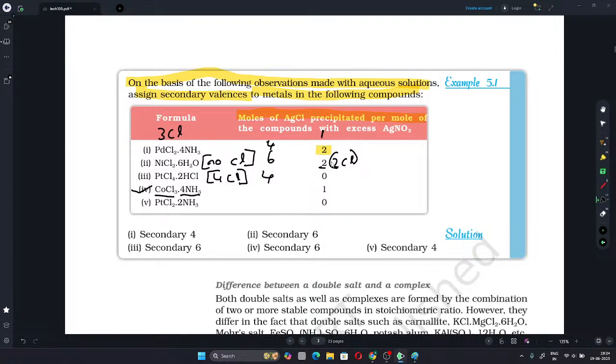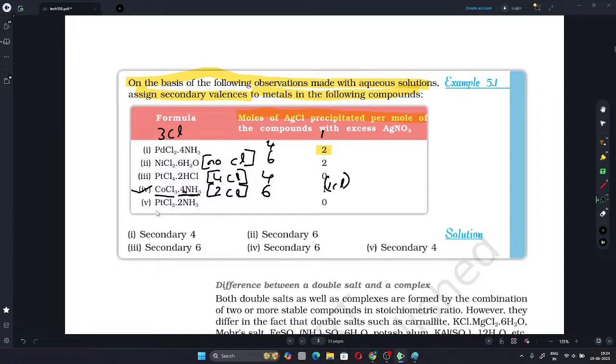We only got 1 chlorine. As such, we can determine that 2 chlorine are inside the complex, and with 4NH3, since Co's coordination number is 6, the secondary valence will also be 6.